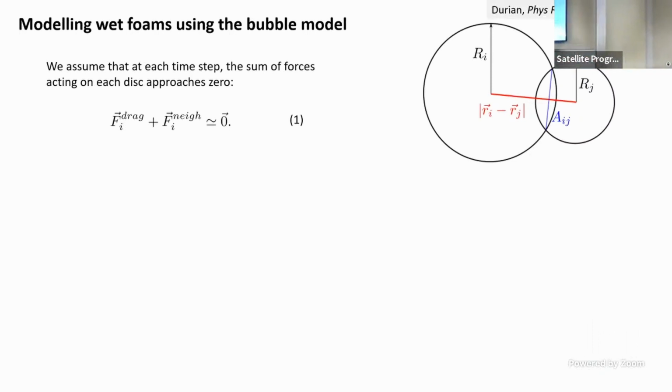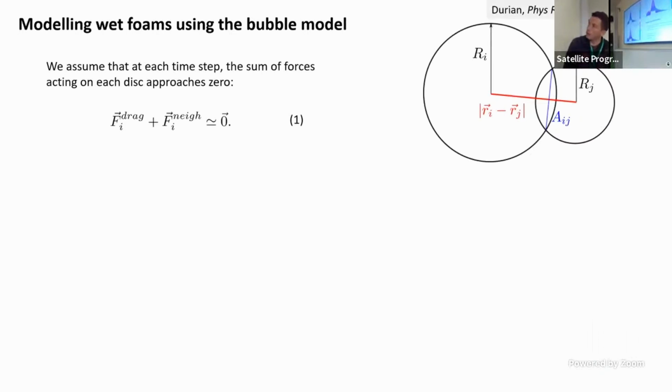After a while, we reach essentially a scale-independent state where the distribution of bubble size remains constant. Even though coarsening is still happening, bubbles are changing size, the distribution of bubble sizes remains the same.